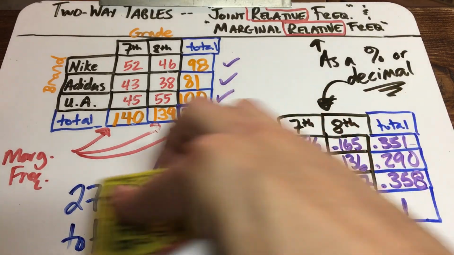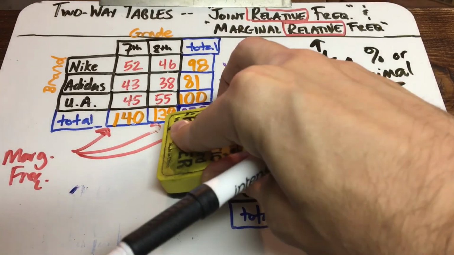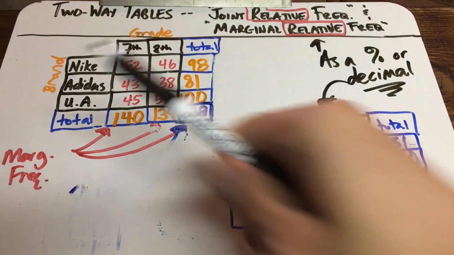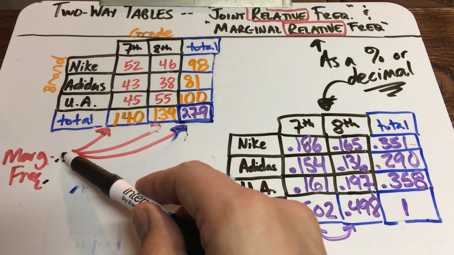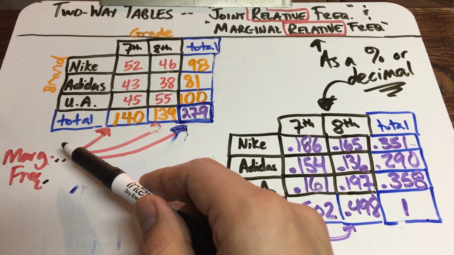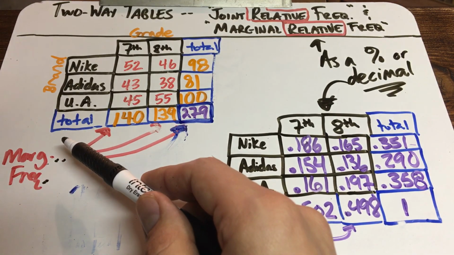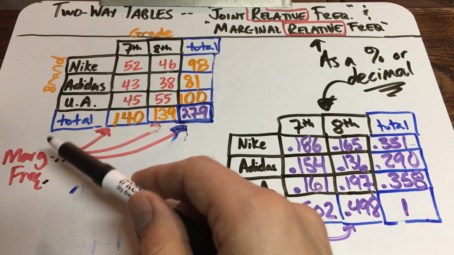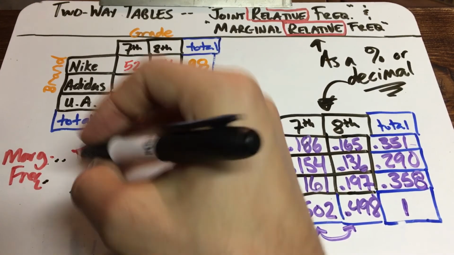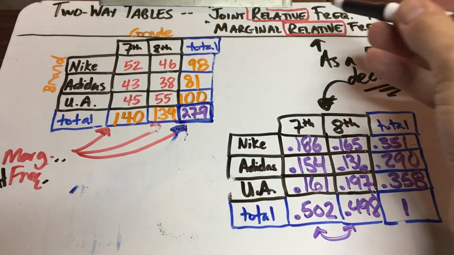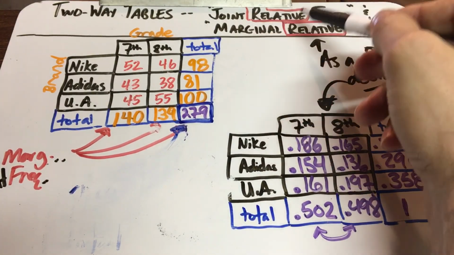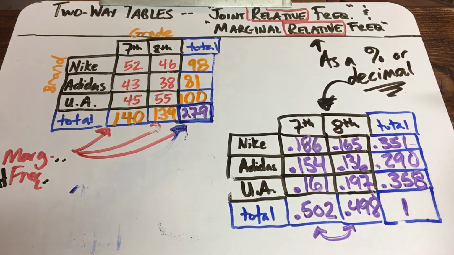The first one that we did, where it has just regular numbers, this is just called joint frequencies and marginal frequencies. When it puts the word relative in there, joint relative and marginal relative, now you need to do it as a percentage or as a decimal.